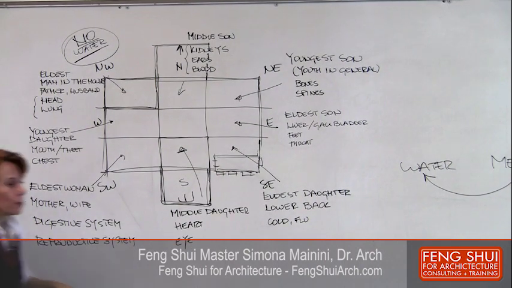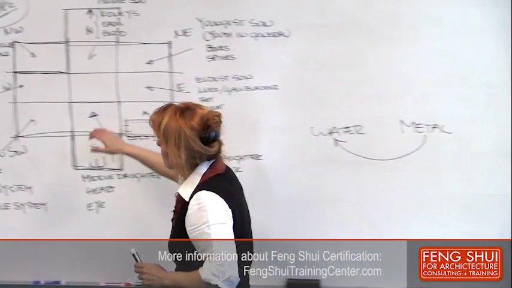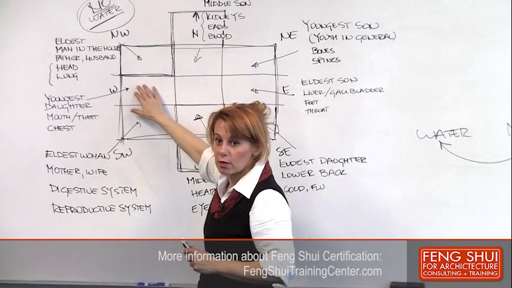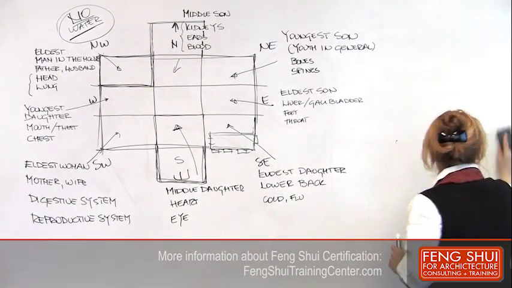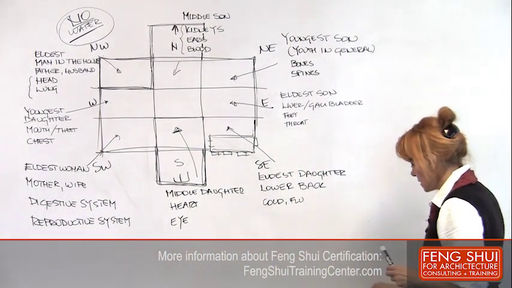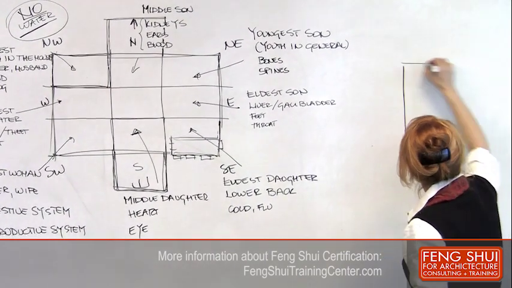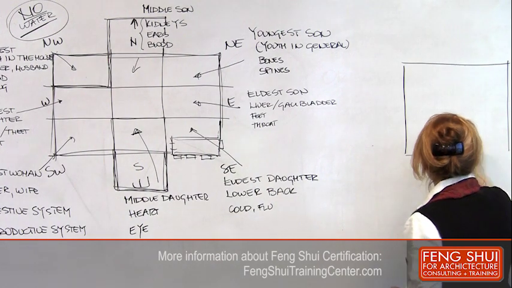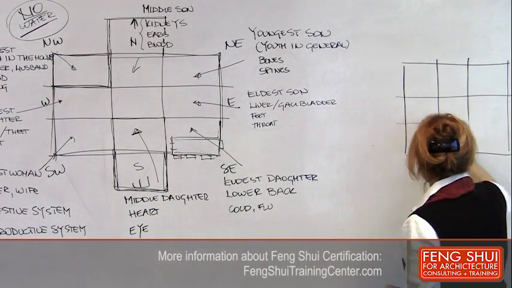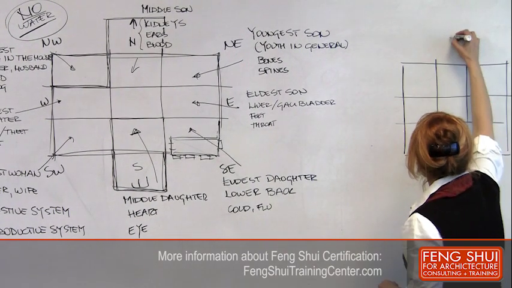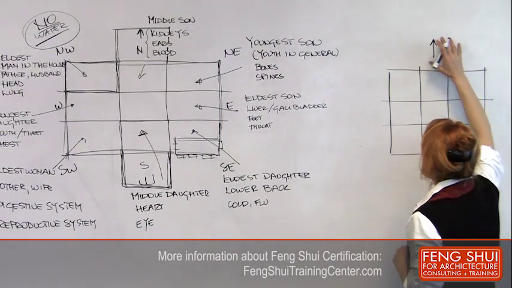So same thing, we probably don't want to have water in the west for the same reason, because it takes away from the power of the house. Especially even more so if the house is oriented west. We're going to learn in a second how to read our houses here. This is the facing, we normally put the facing on the top of the page.